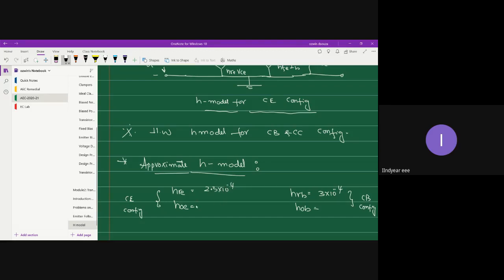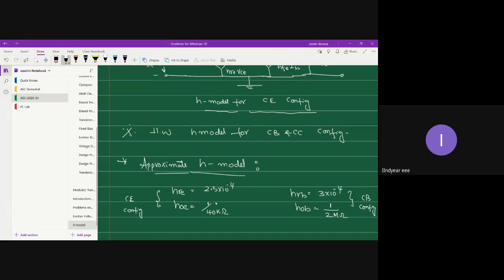On the other hand, if you look at the admittance, it is about 1 by 40 kilo ohm for CE configuration, and for CB configuration, the admittance is the reciprocal of 2 mega ohms.